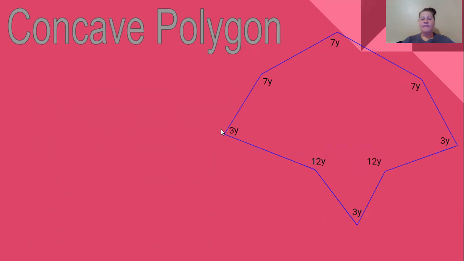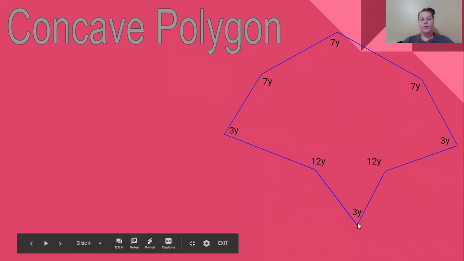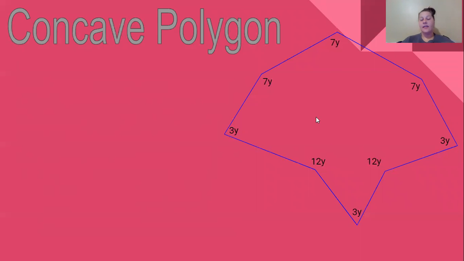Concave is if I put my pencil down on this shape and drew a line from the 3y over here in the corner all the way to the 3y down here at the point, and at any point during that line that I drew, did it go outside the shape? If it went outside the shape, then it is concave, meaning it's caving in.